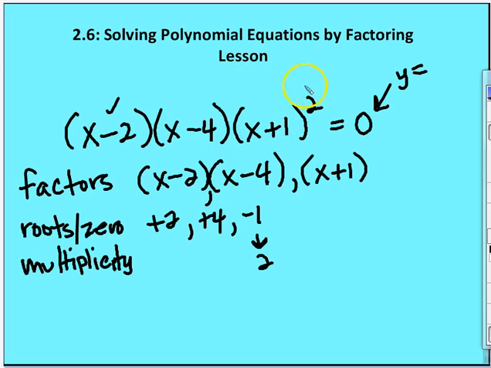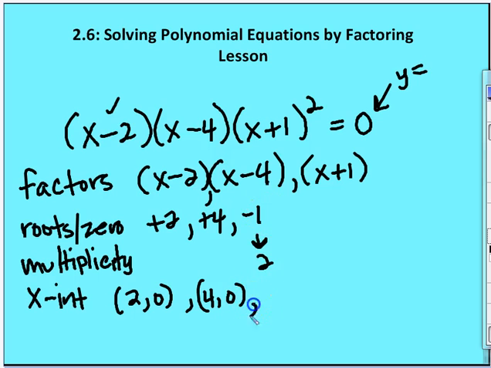If I were to express this fully, it would be x + 1 times x + 1 times x - 4 times x - 2. So we have a multiplicity of 2 for x equal to negative 1. Then we find the x-intercepts, and the x-intercepts are (2, 0), (4, 0), and (-1, 0).